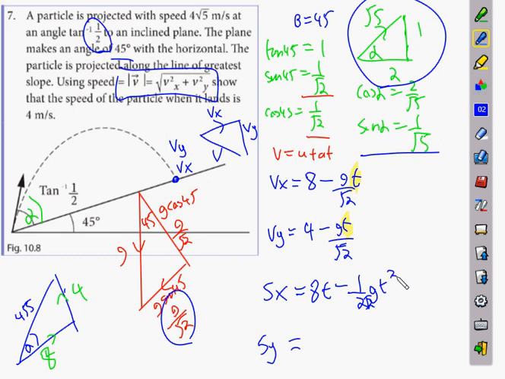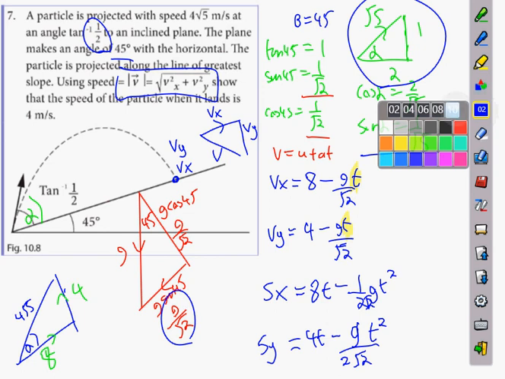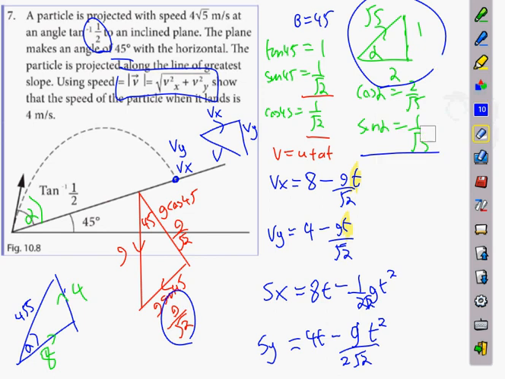Same thing for the next one, add on a t, and then half it, so g over 2 root 2 t squared. So now every equation we need is there.